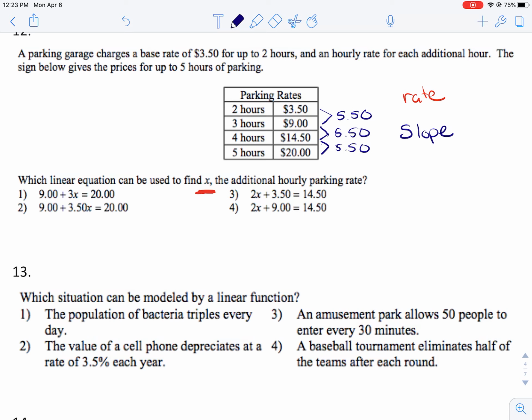And if you look at all the cases, between each one of these data points, it's going up by $5.50. So that is our hourly rate for each additional hour. Its slope, or its rate, is $5.50 for each additional hour.